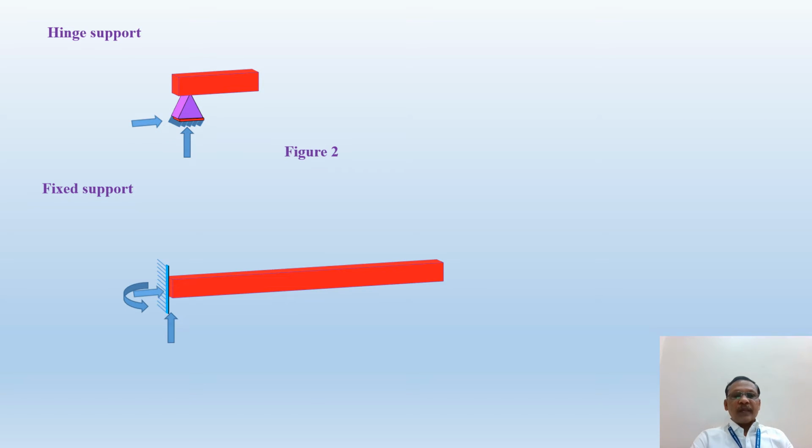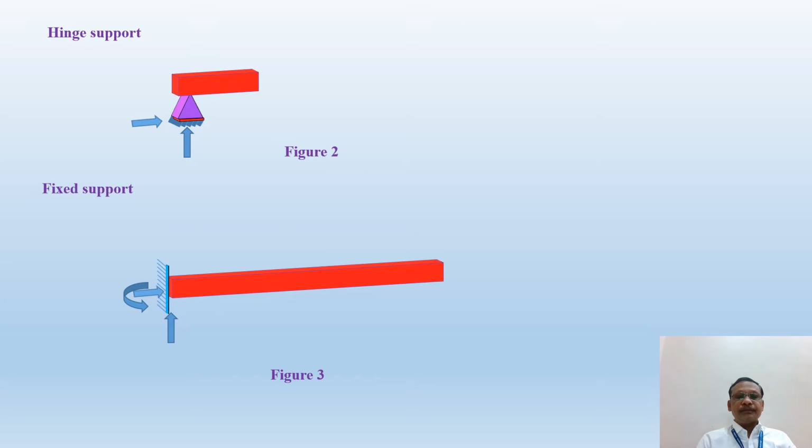A fixed support has three unknowns: one vertically upward, one horizontal, and one moment. So I think your concept will be clear about how to draw the free body diagram of the roller support, the hinge support, and the fixed support. Fixed supports offer three unknowns.